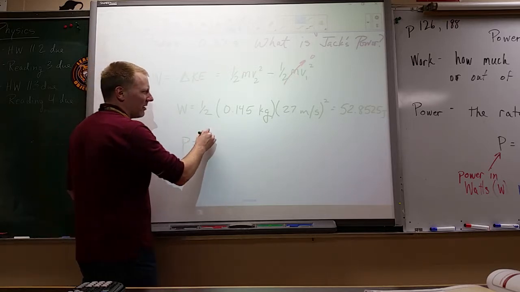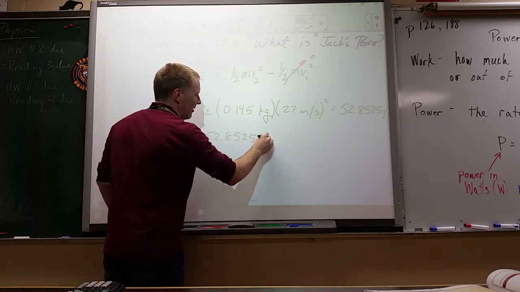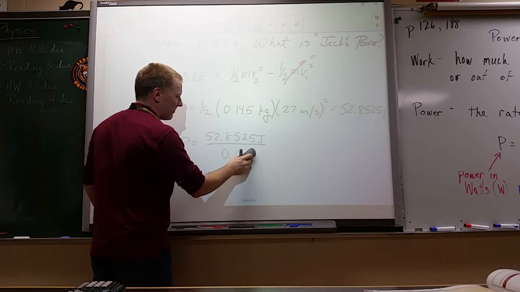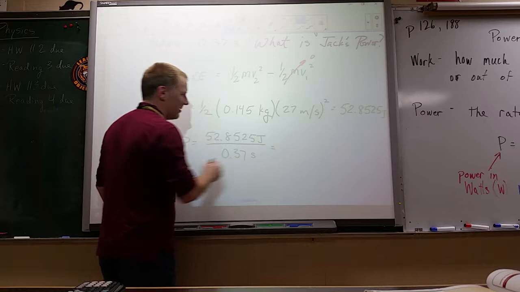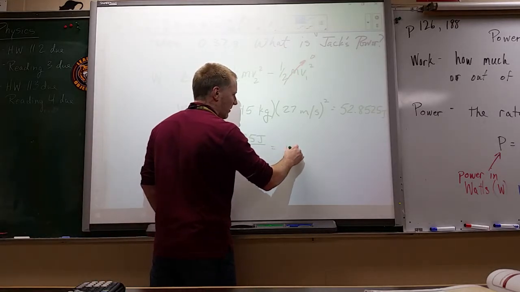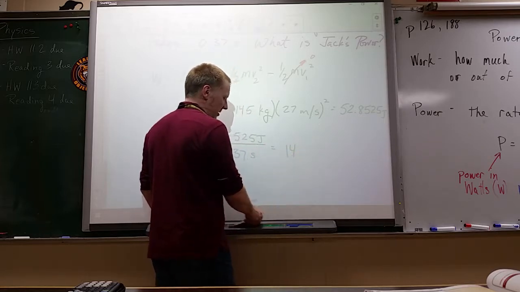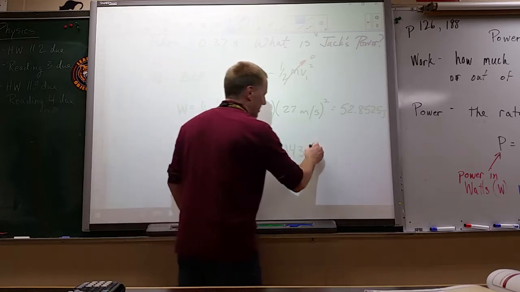Power is that work divided by 0.37 seconds. 142.844594. 143 we'll call it. Probably round to the nearest one. What units? Watts.